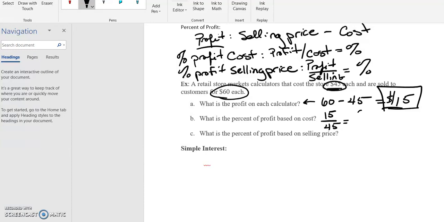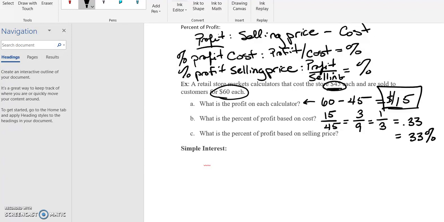Divide by 5, that gives me 3 over 9. Divide both by 3, and 3 divided by 3 is 1, 9 divided by 3 is 3. So 1/3, or 0.33, which can be written as 33%. So I am marking that up 33% based on my cost.